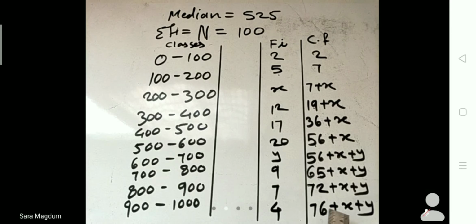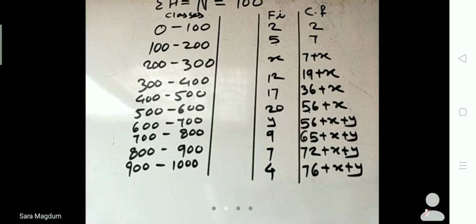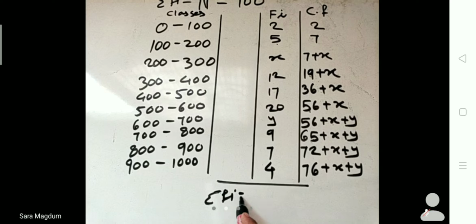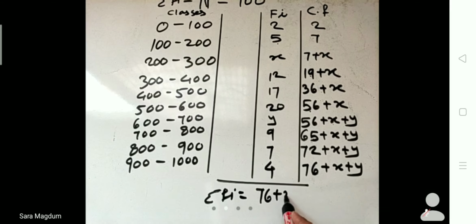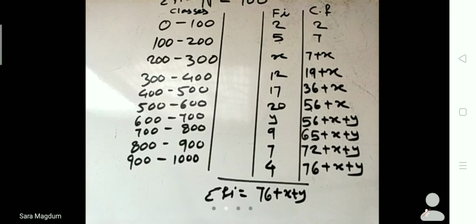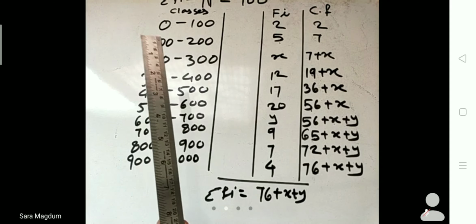So 76 plus x plus y is the summation of fi. If you add all these terms, you will get the summation of fi as 76 plus x plus y, means the addition of all the terms mentioned in the frequency column.